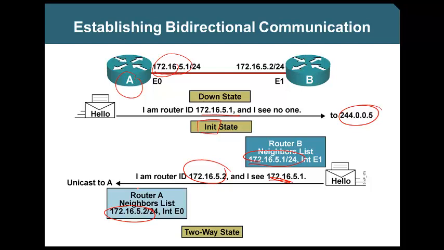He already knows me because I can see my name in the hello packet that he sent. So from down it went to init. From init now it has gone to two-way. Two-way means they know each other at least by a name, at least by the router ID. They know each other.